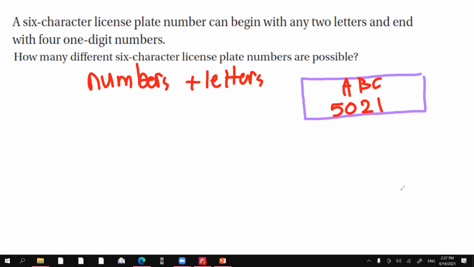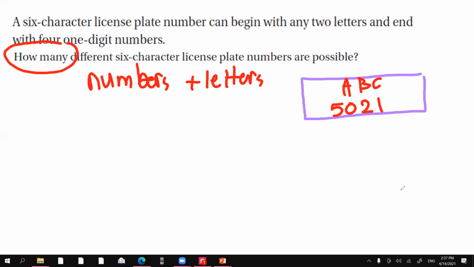So I'm asking you about how many numbers or how many letters you want to choose, how many characters. Remember: permutation, combination, factorial, or counting method.